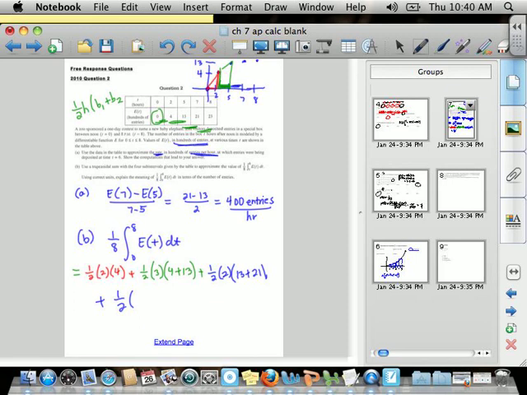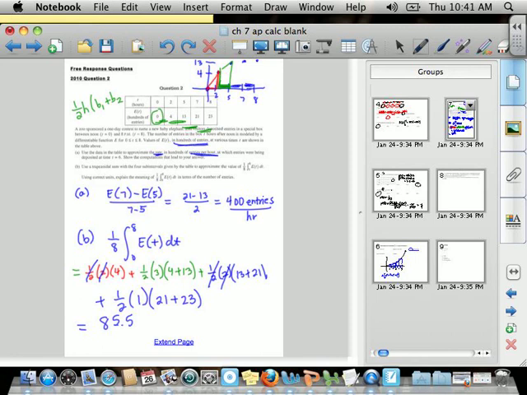Now the distance between those two is just 1, between 7 and 8, and then your numbers are 21 and 23. You get 85.5.